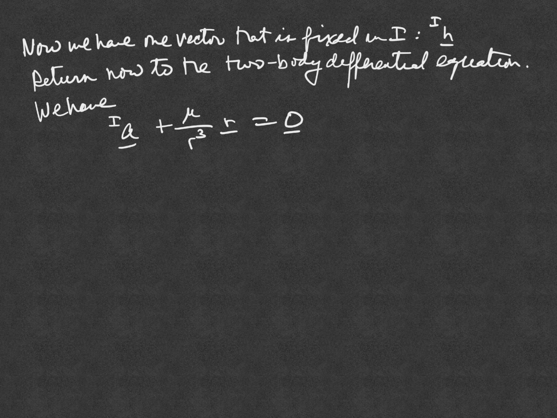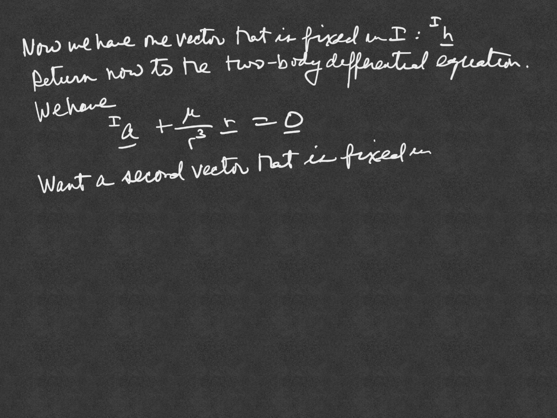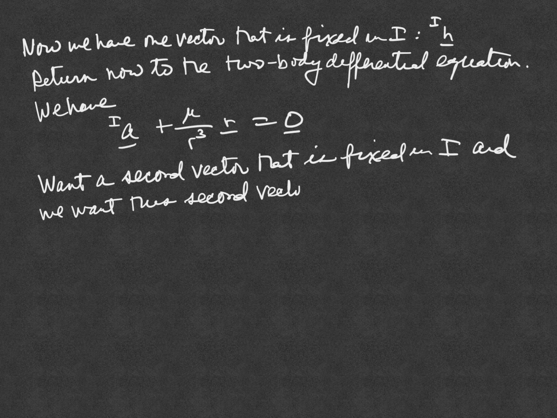Now what we want is a second vector that is fixed in I, and we want this second vector to be orthogonal to h_I.